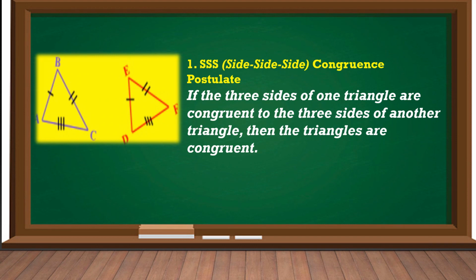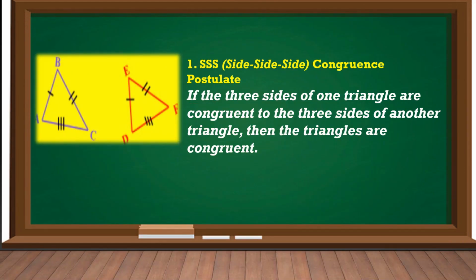The first congruence postulate is known as SSS, or side-side-side congruence postulate. This postulate says if the 3 sides of one triangle are congruent to the 3 sides of another triangle, then the two triangles are congruent.